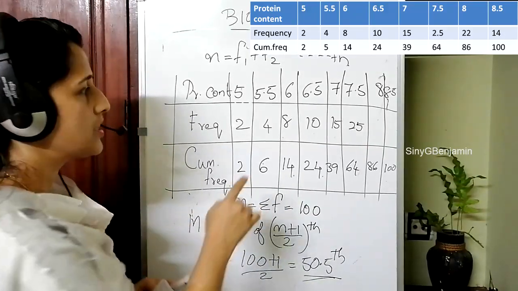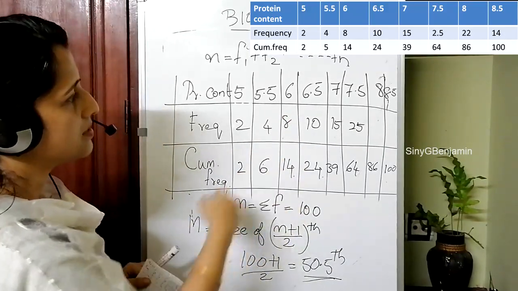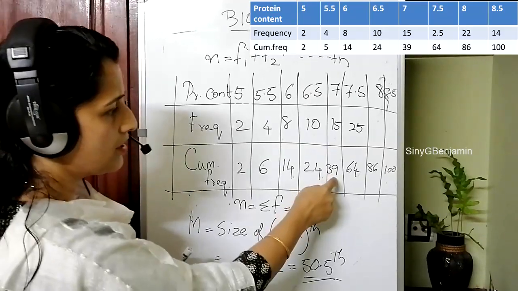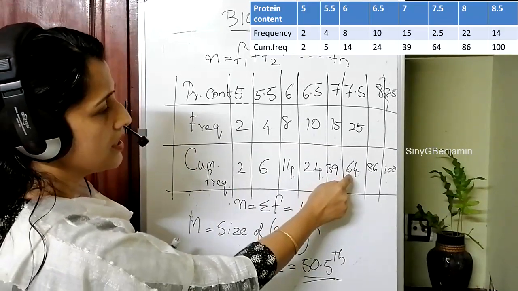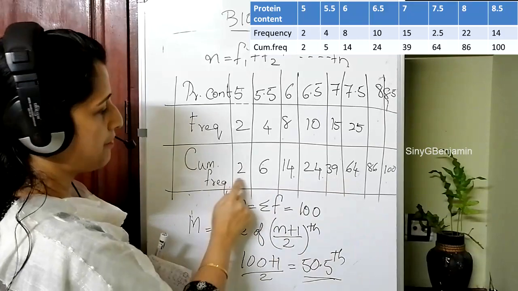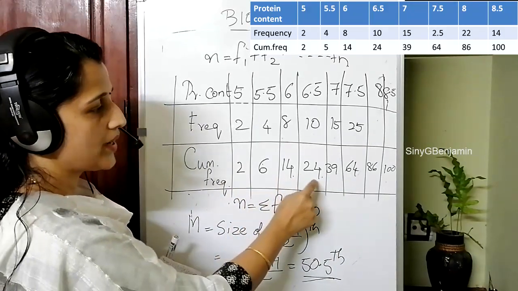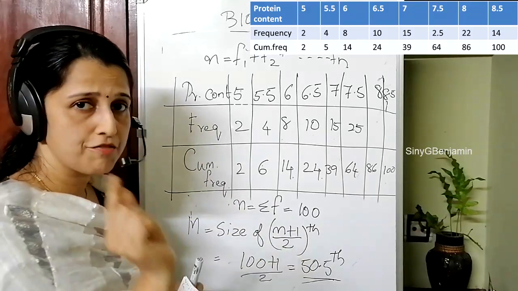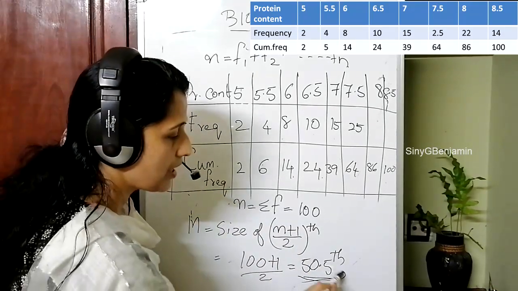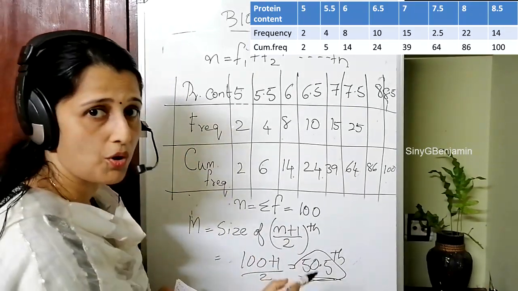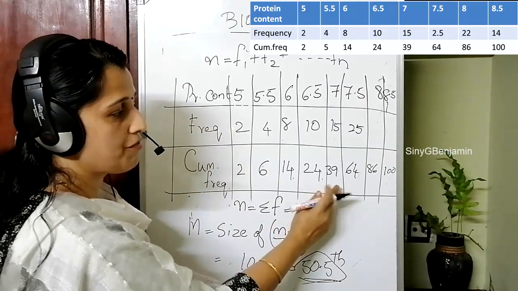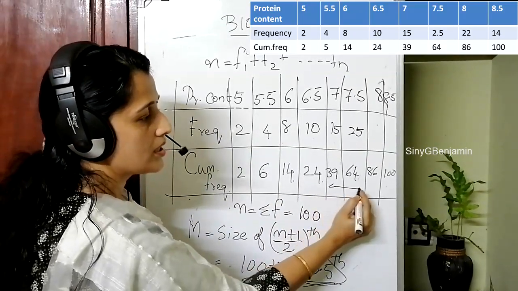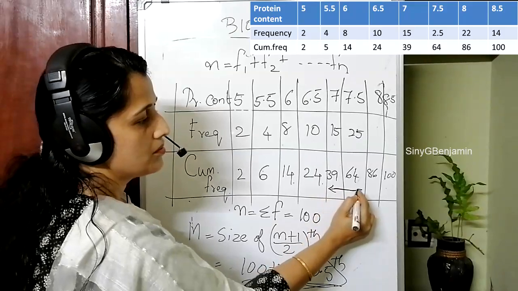You have to check the cumulative frequencies: 2, 6, 14, 24, 39 and 64. The number 50.5 comes in between 39 and 64.